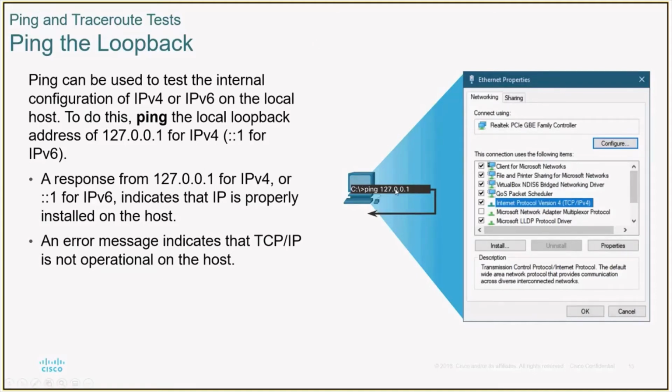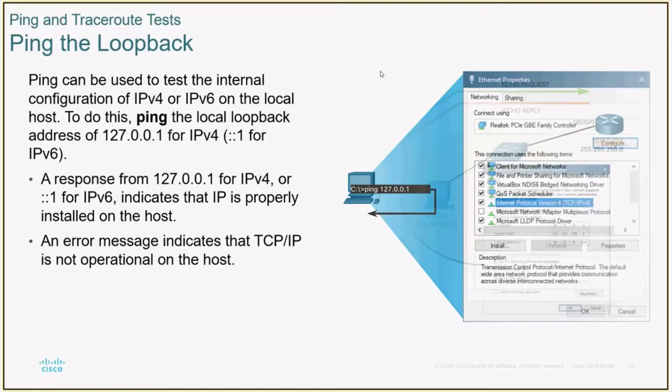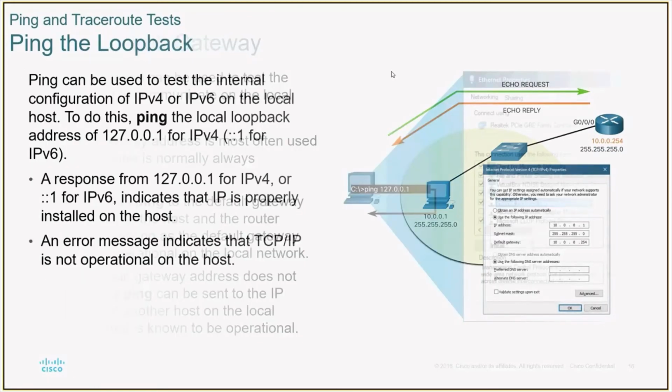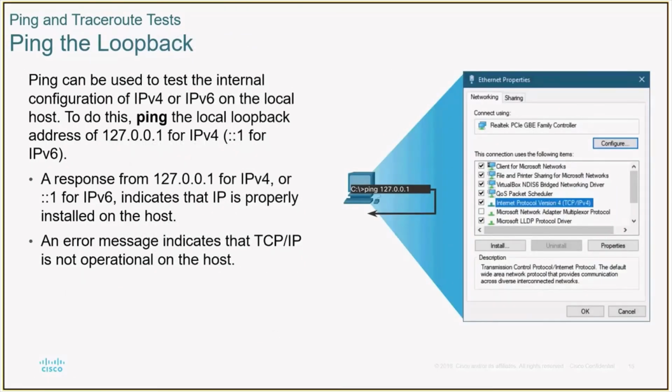And so, of course, we're showing ping 127.0.0.1, but also if you wanted to test IPv6, you could ping ::1. Remember, that is the loopback address for IPv6. Now, I've got to admit, I don't actually ping the loopback interface all that often because I've never had it fail on me. Maybe I'm lucky, but yeah, it's never failed on me.